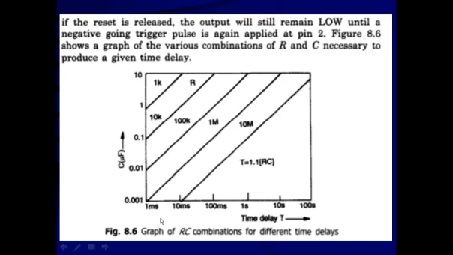Depending upon 1 millisecond, 10 millisecond, 100 millisecond, 1 second, 10 second, 100 second, whatever you require, you can intersect the resistance and capacitor lines, choose that value of resistance and capacitor, and substitute here, and accordingly you will obtain the desired time period for a desired pulse. So this graph is useful for selecting the value of resistance and capacitor.